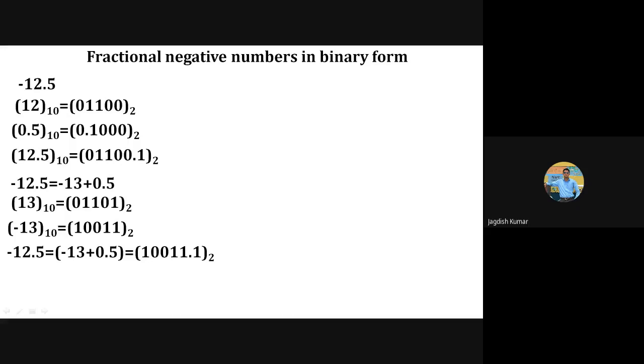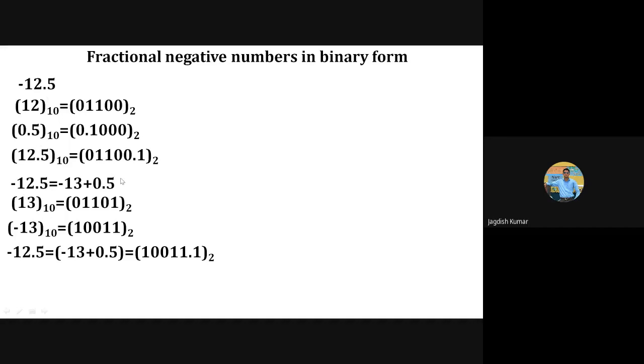Before I move to the next case, is this clear first? Let me ask, is this part clear? How I did this? Okay, fine, very good. Now you will say, why did I choose minus 12.5 to be minus 13 plus 0.5?